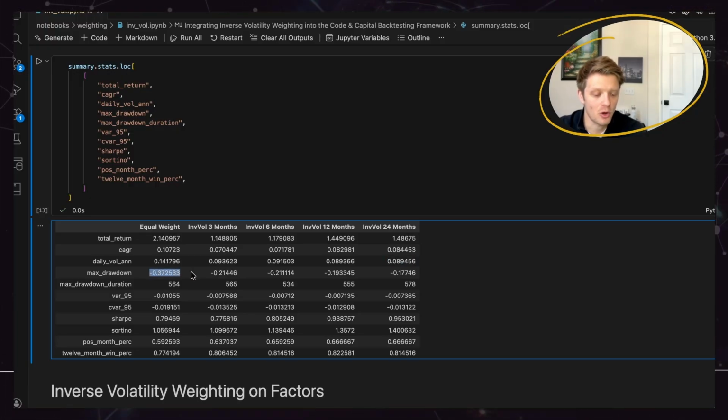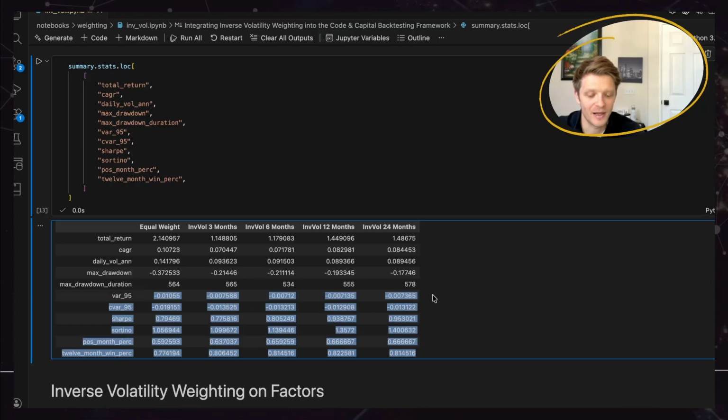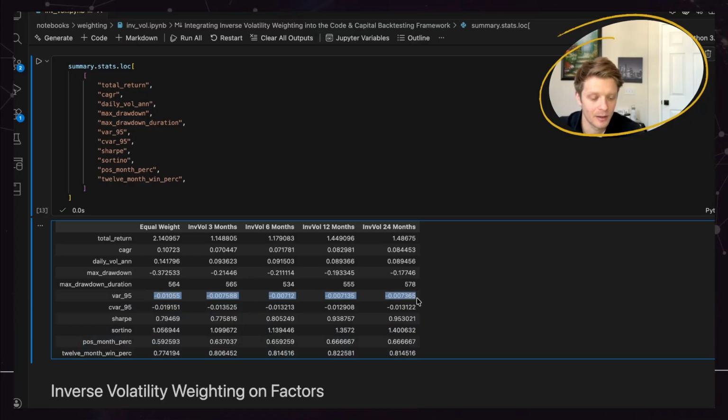The max drawdown in our equal weight strategy during the COVID period was 37%, whereas the inverse volatility strategy using a 2-year look back has less than half of that. The max drawdown here was only around 17 to 18%. A similar measure, you can look at the value at risk, where our equal weighting value at risk is about 1%, whereas for the inverse volatility, it is only around 7 basis points.